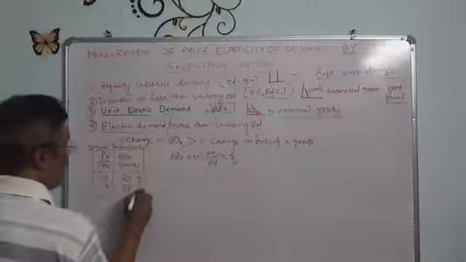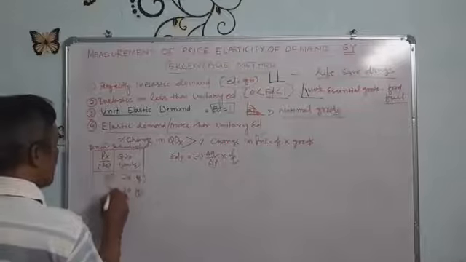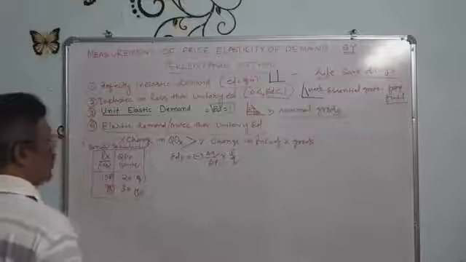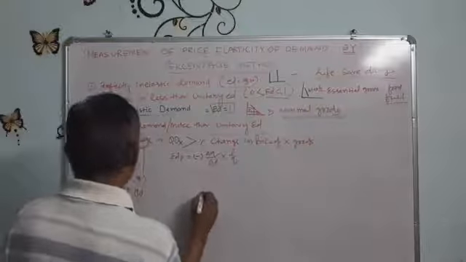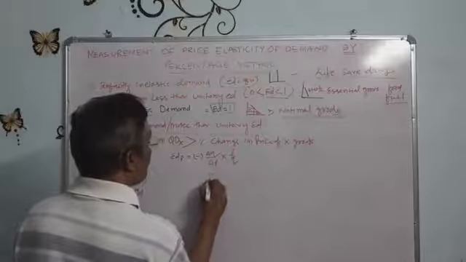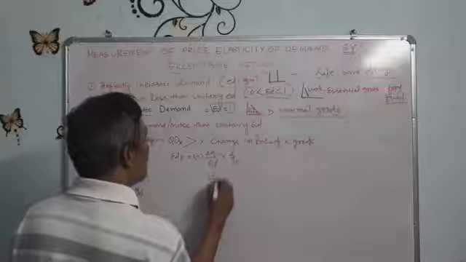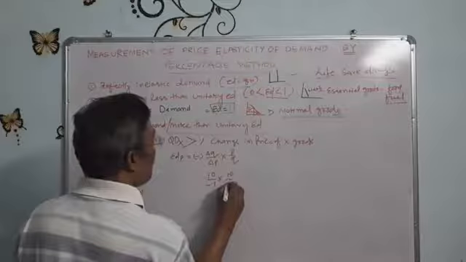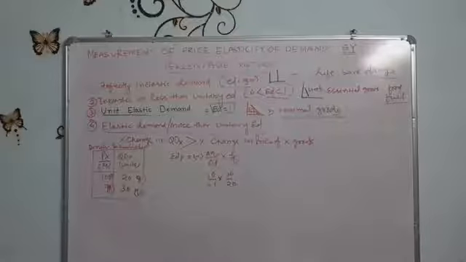This is Q and this is Q1. This is P and this is P1. Delta Q is 30 minus 20 equals 10, and delta P equals minus 1, into 10 by 20.